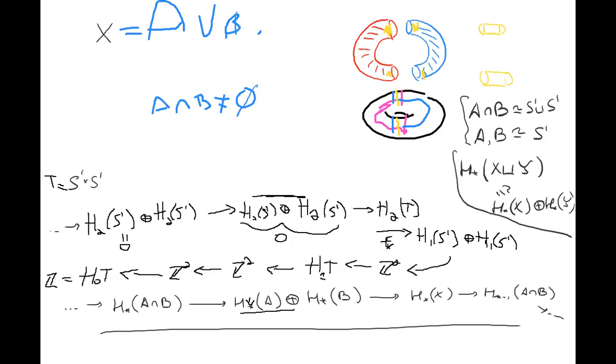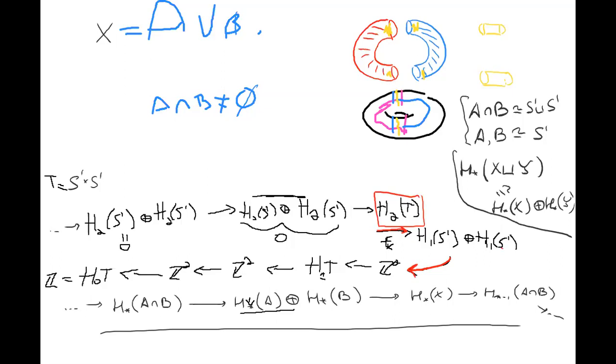Okay, so we want to describe, since this map is injective, you know that H2 of T is the kernel of this map, the map from here to here. So we should start from this part.